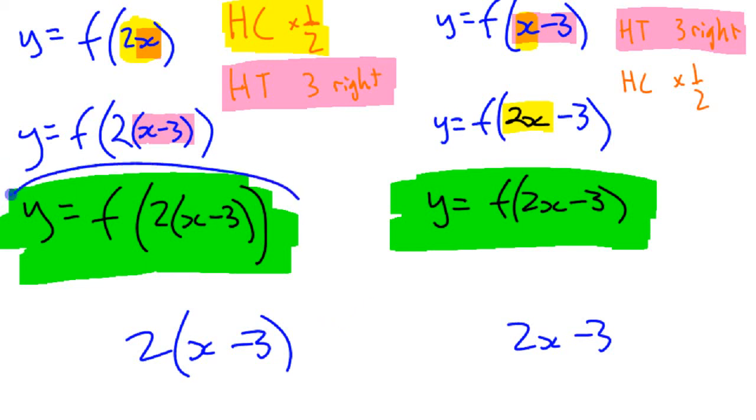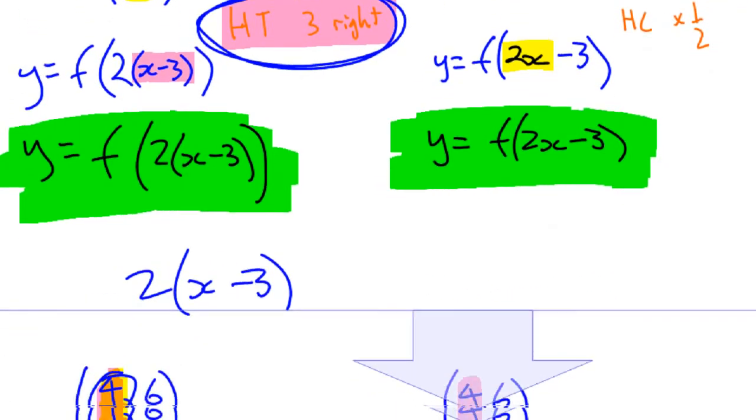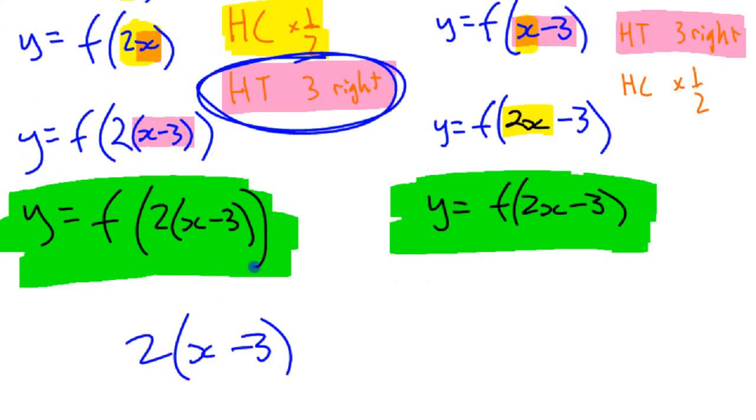Most of the time, functions end up being written out in this form with that extra set of brackets in there. If it's written in that form, the translation has to come last. If you happen to write it in this form, well, you could just think about it that the translation has to come first there. Or your other option could be to just change it into the form that you like. All right, change it into this form with 2 brackets, and that's probably the safest thing to do, if it's not in that form.